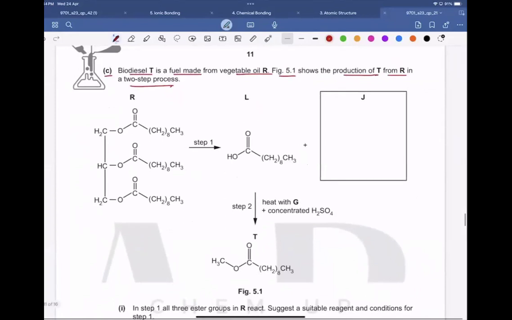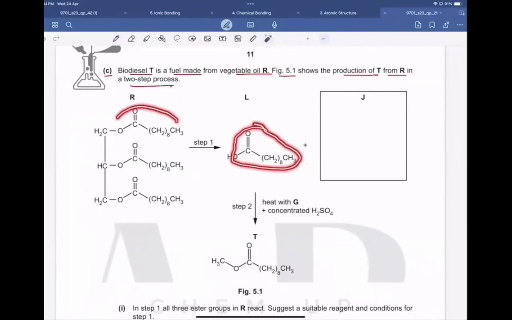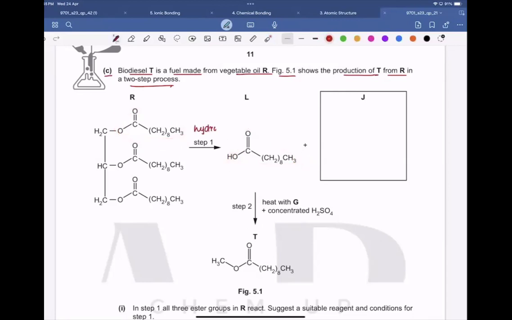So if you look over here, is this part of the molecule? And we are getting hydrogen over here. So it means that hydrolysis occurs here, basically acidic hydrolysis, and that's why carboxylic acid is formed.